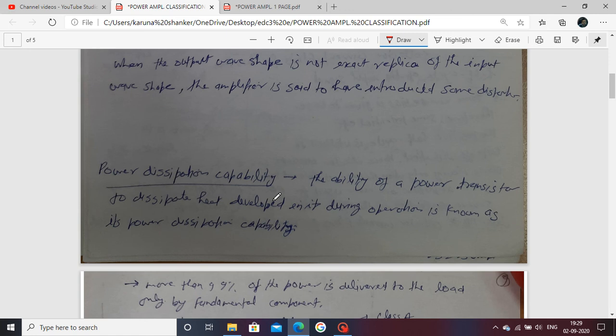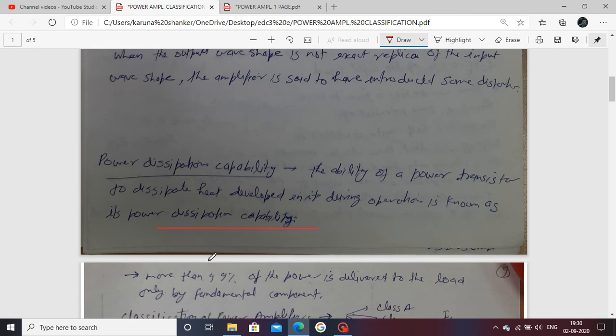Power dissipation capability is the ability of our transistor to dissipate the heat developed by the power amplifier during operation. When the power amplifier amplifies the signal, it produces heat within the amplifier, and absorbing that heat is the capability of the power amplifier.